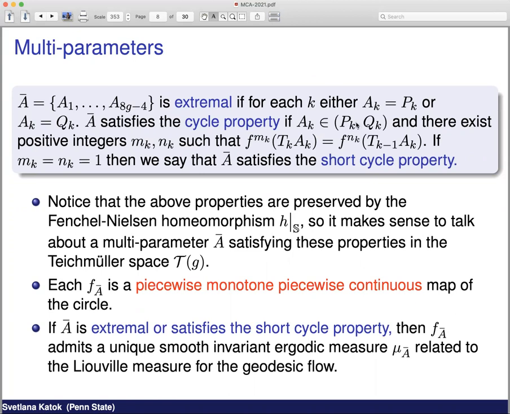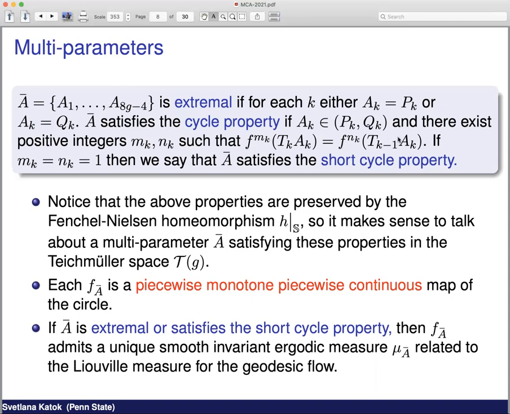Now, if A_k is strictly between P_k and Q_k, we say that it satisfies the cycle property if there exist integers m_k and n_k such that if you start with A_k and you apply T_k first and then some power of F, you'll get to the same point on the circle as if you apply T_{k-1} and then a certain number of F's.